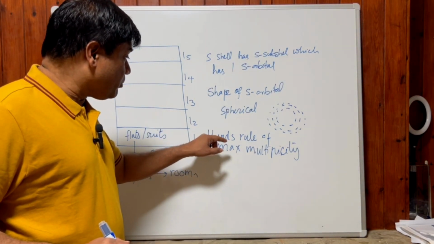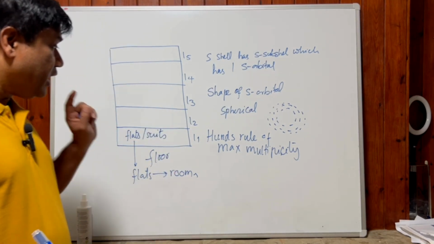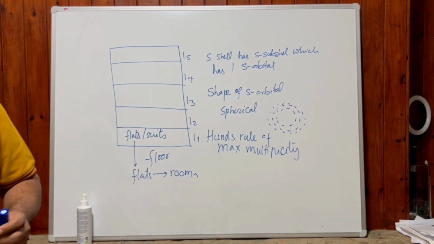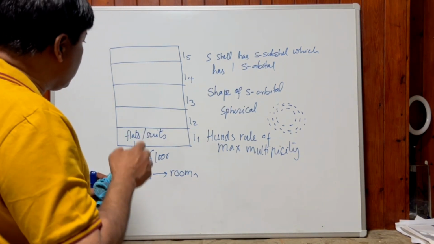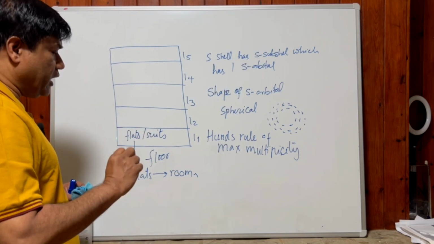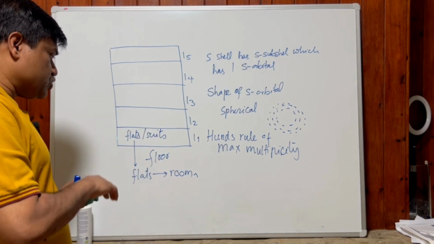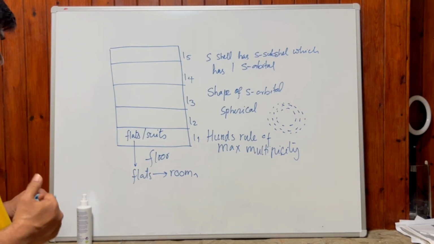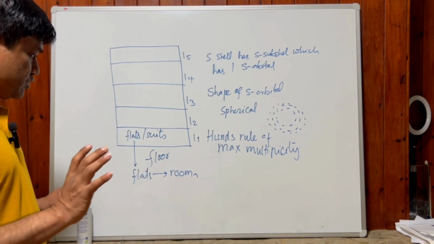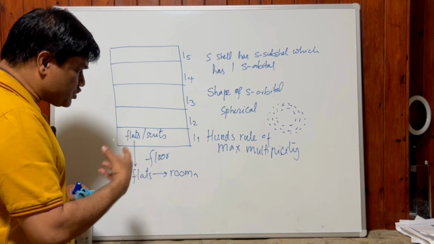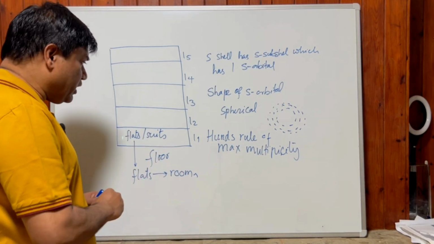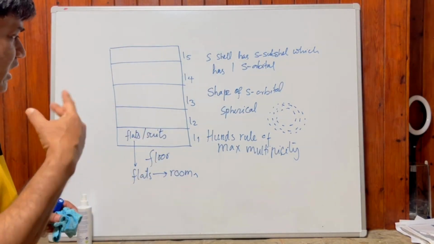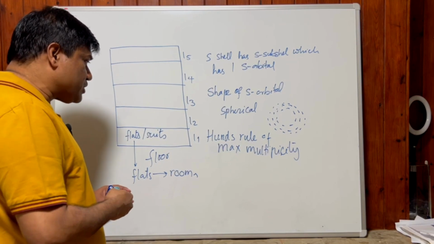We can't put more than 2 electrons in one orbital. Assume that each room can have 1 person or 2 persons maximum. So the space of each room is max 2, minimum 1. In the same way, each orbital can accommodate 1 electron or a maximum of 2 electrons.